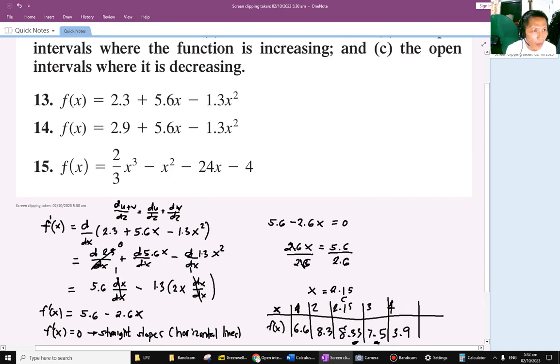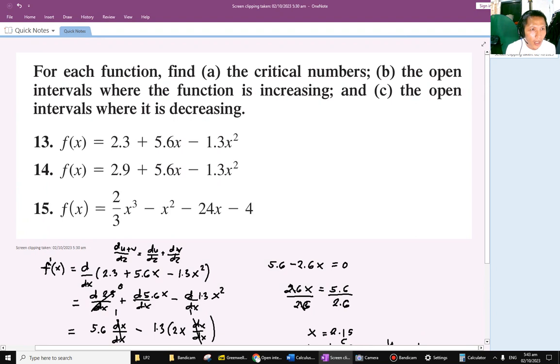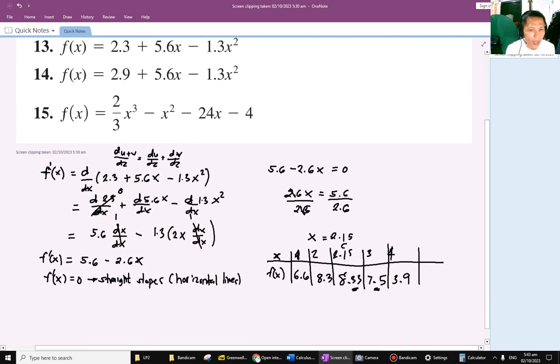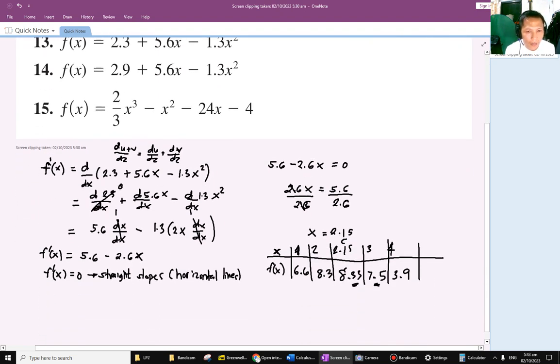The only thing we have to find is the critical number and the open intervals for increasing and decreasing. Increasing is from before this part up to here, so that would be negative infinity up to 2.15.